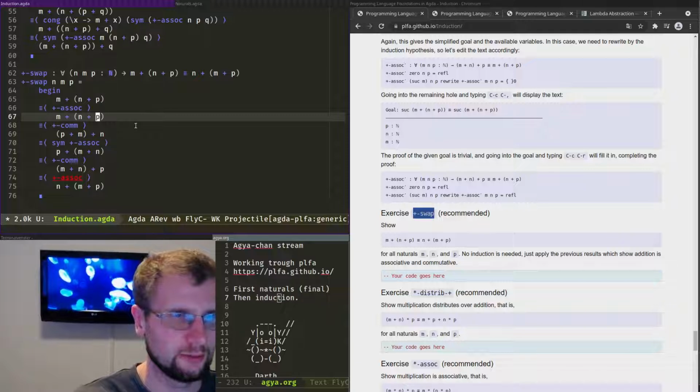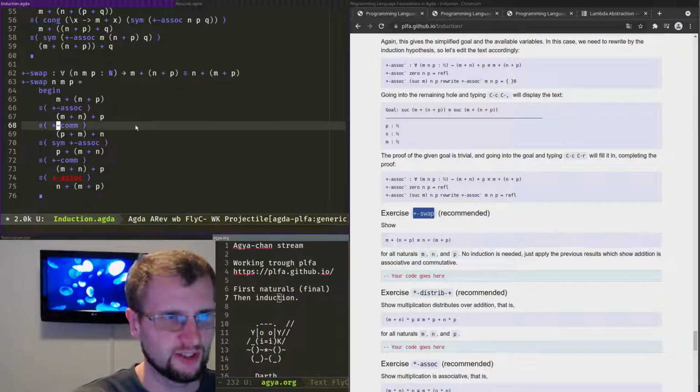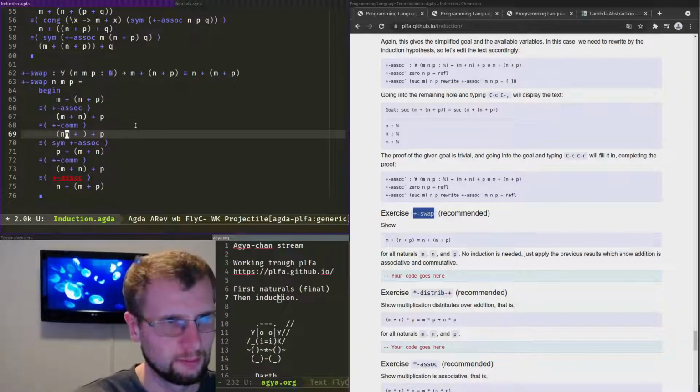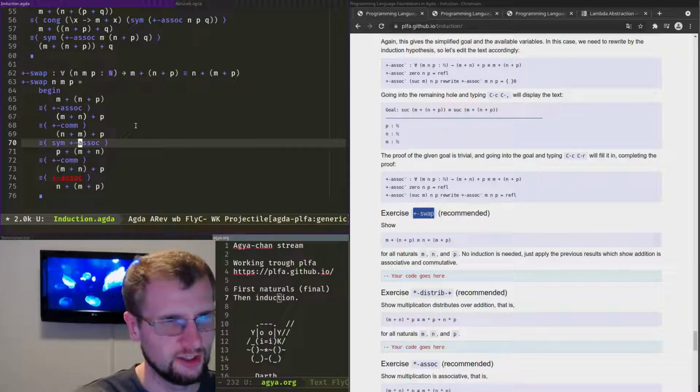You associate it here, maybe, and then they're inside, and then you do the commute for m, n, p. But no, you swap them like that, and then you're done because you associate again, and it's done after that point.